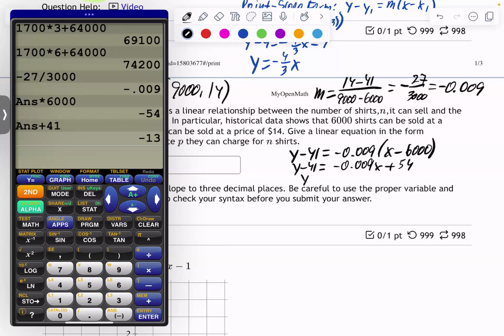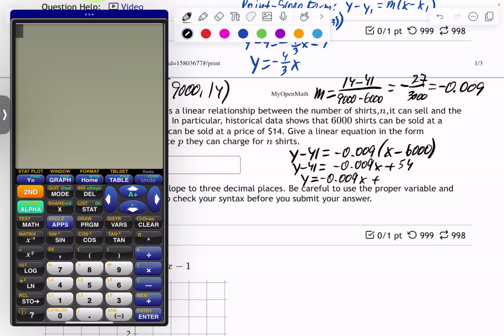So this is going to give me y equals negative 0.009x plus, I did that incorrectly. It should be 54. I see what I did. 54 plus 41. Yes, 95.